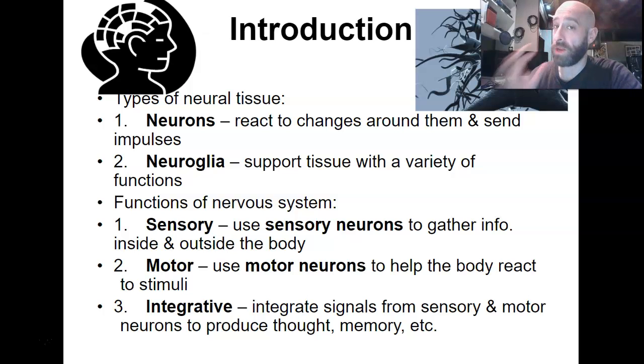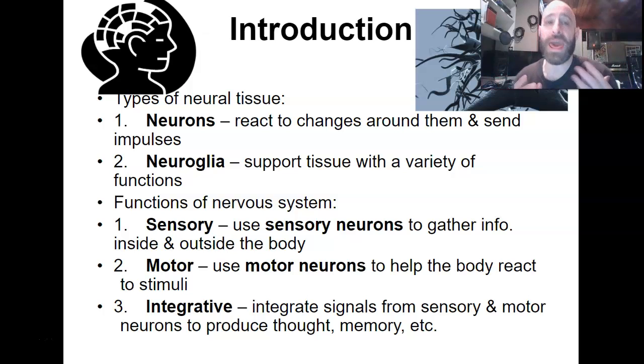Now, do they do the same job as the neurons do? No, they don't. But if they're not there, the neurons can't do their job. Actually, if you were to take all the cells in your brain, about half of them are going to be neurons, and the other half are going to be neuroglial cells. So we know they're obviously very important. They're there to support the neurons, and they have a lot of different jobs. So we're going to dive in deep on neuroglial cells as we go through this unit.